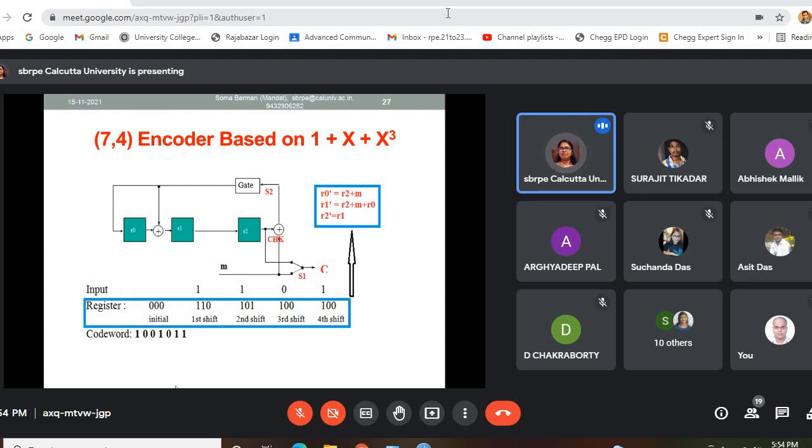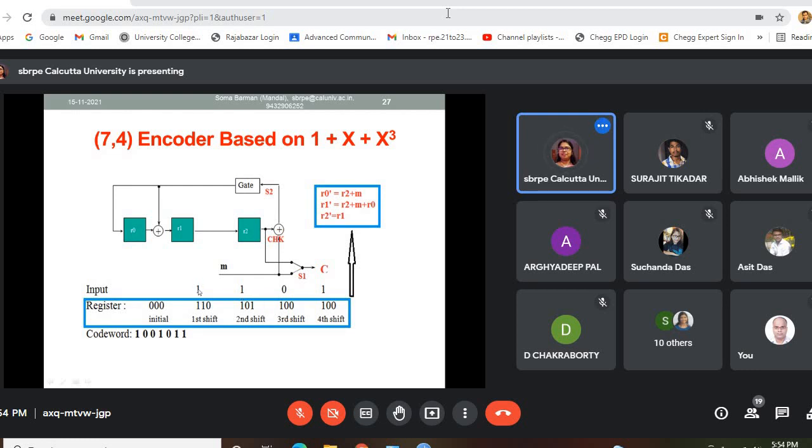And the message we are considering is 1, 1, 0, 1. First is 1, then 1, 0, 1.